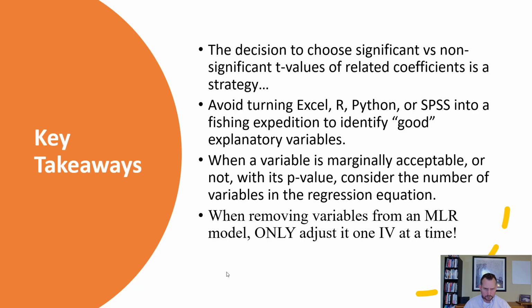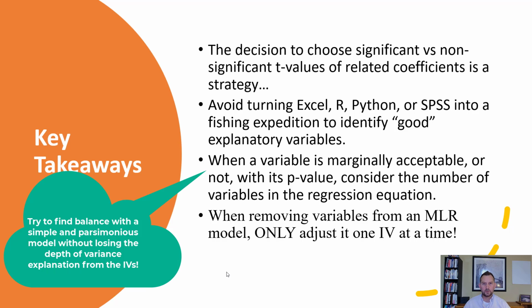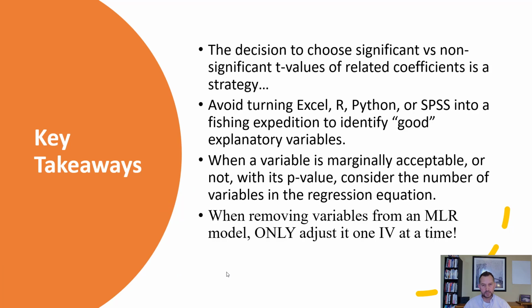Removing it in the regression equation probably won't make much difference. And so removal is discretionary. If you don't have many variables in there, probably want to keep it. If you have several that have a higher t-value, go for the higher t-values.